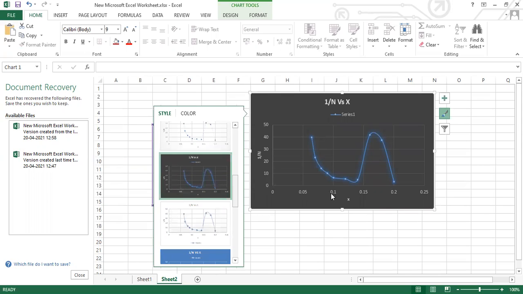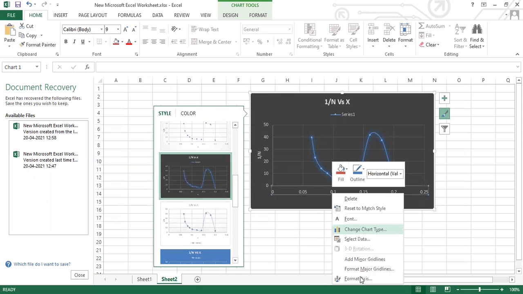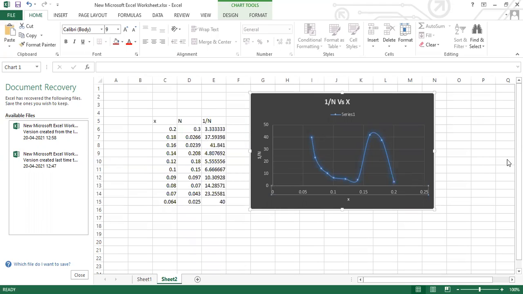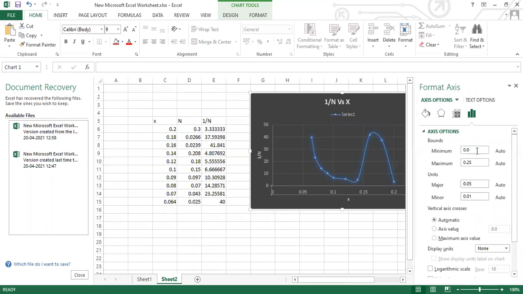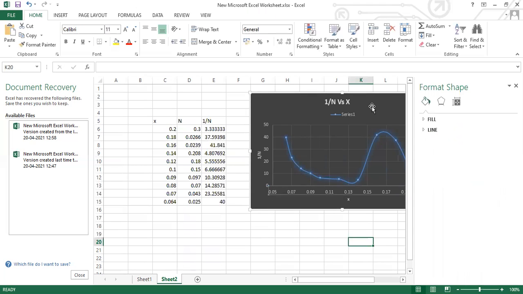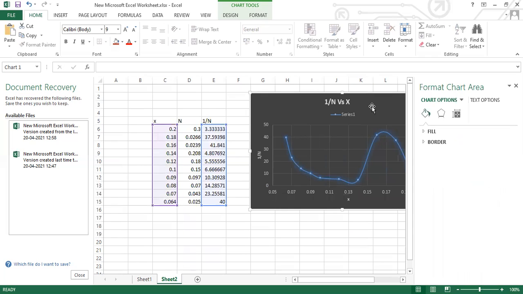Okay, this one is okay. Let's take the format of axis. We take from 0.05, okay. Now I copy here, paste it here.